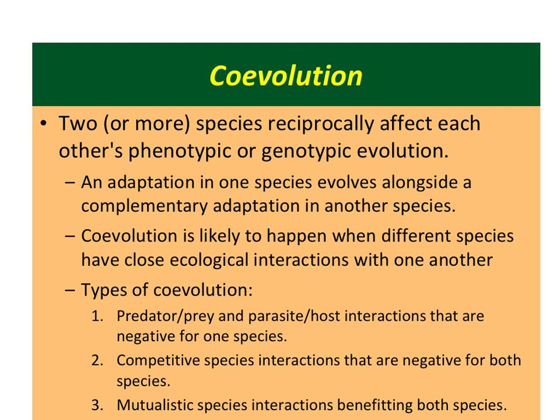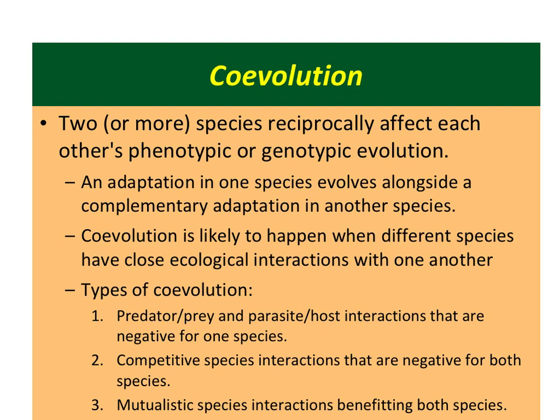Okay, so one species reciprocally affects each other's phenotypic or genotypic evolution and adaptation, in one alongside a complementary adaptation in another. The gazelle: there's strong directional selection for faster and faster gazelles up to a certain point in terms of physics.